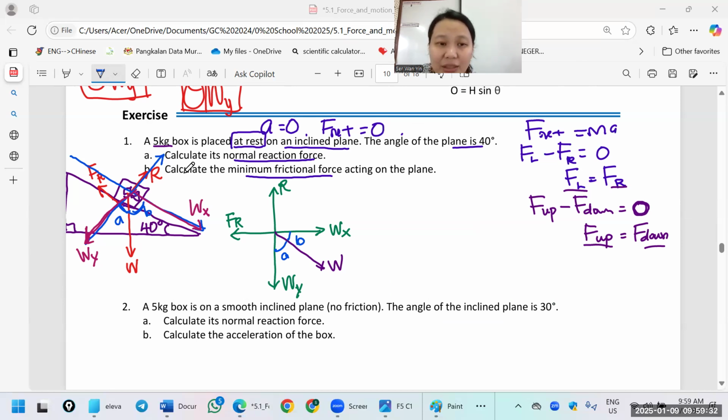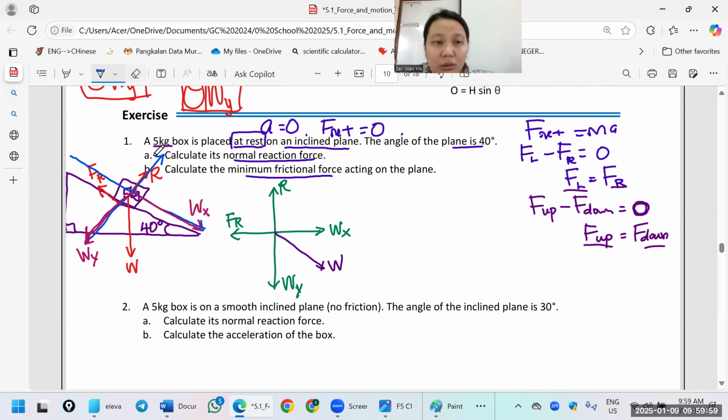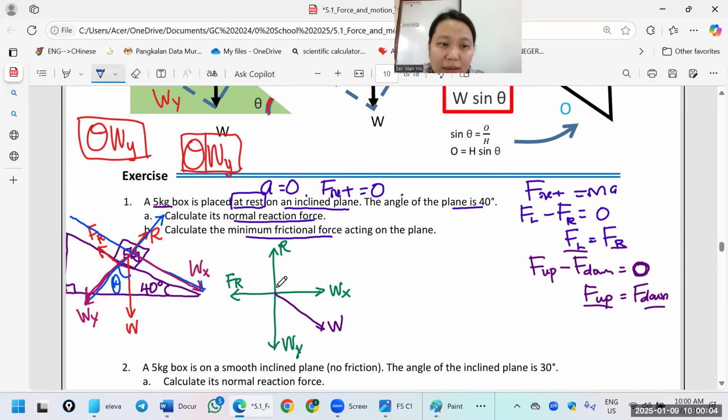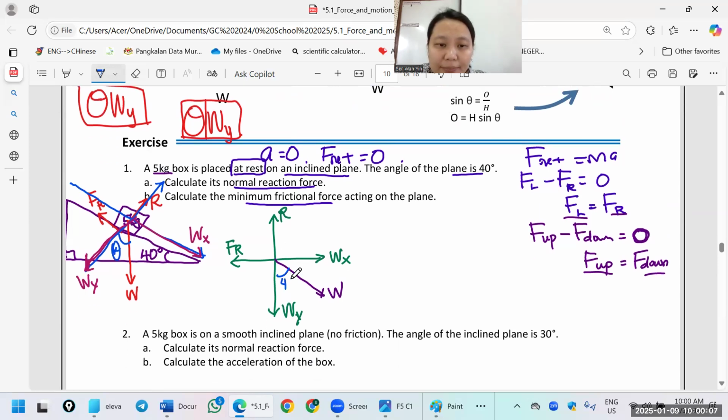Yeah, thank you, 诗琪. Yeah, according to my lame joke, you should stick the 40 to WY. So 40 is here. Stick to WY. Can.